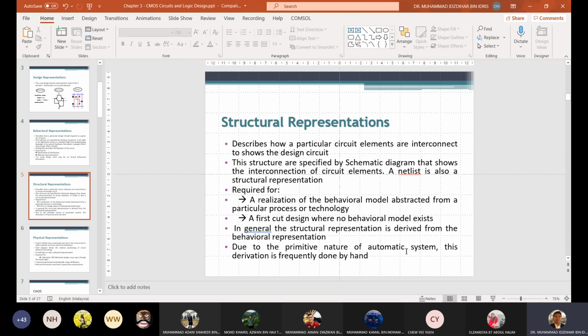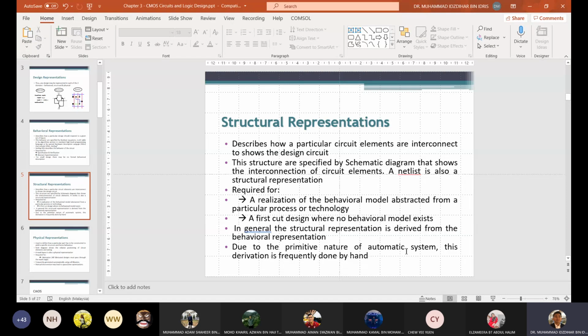The schematic way is very hands-on. You pull a transistor, put one P on top, N below, and do the connection. You can become an inverter, for example. But with a netlist, instead of doing that, you are typing code. We have one transistor pull up, one transistor pull down, what is the size of it, and then you can get the output. So this is structural representation.